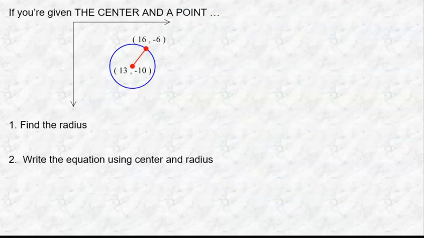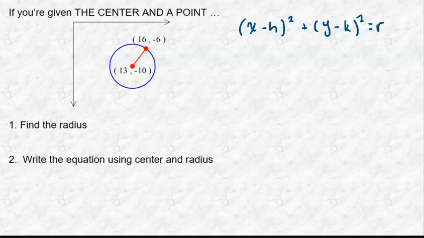So I want to write the equation of the circle, and in order to do that I need the radius first. The standard form, as I pointed out on the previous slide, is this here. Now, H and K are the center.